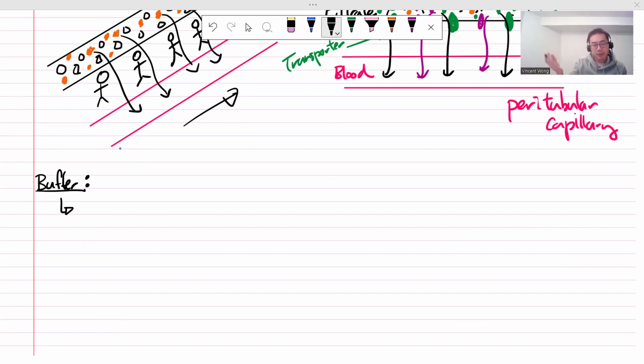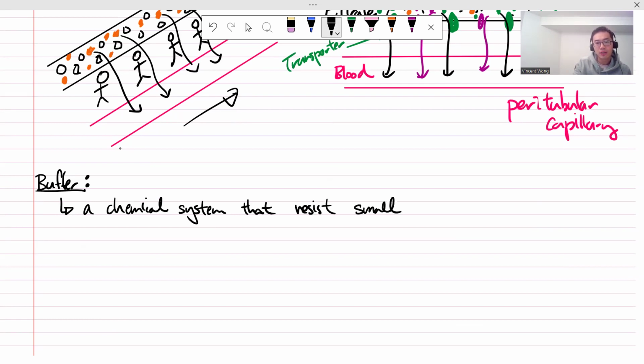But you know, you can think of it as a chemical system, a chemical equation, right? Chemical system that resists small changes in pH. Okay?